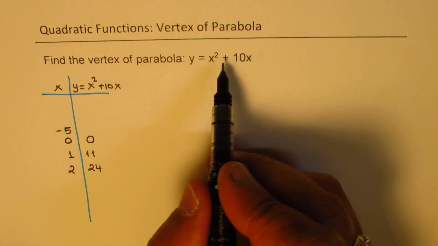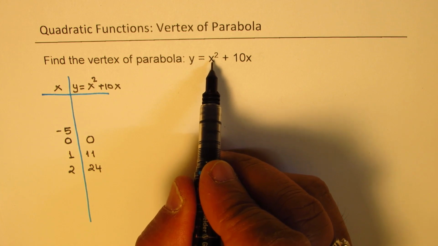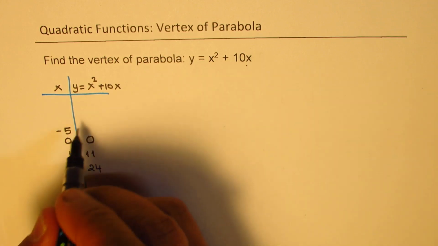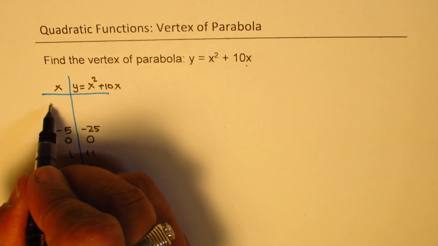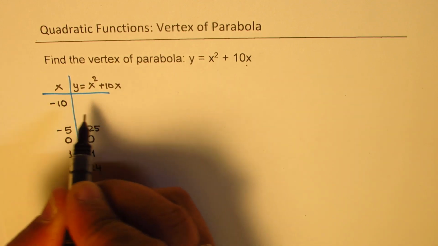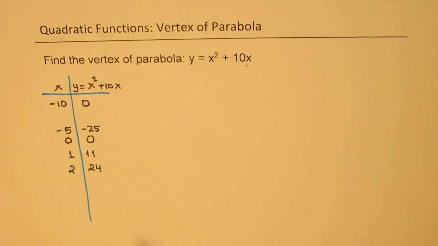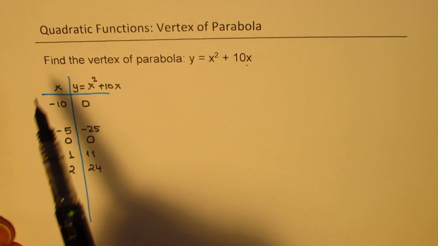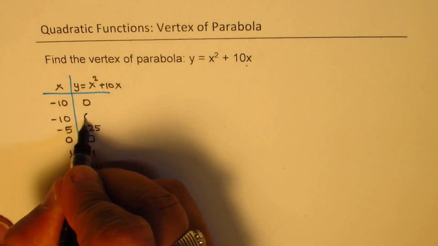If I substitute minus 5 here, we get 25, which is 5 squared positive, and minus 50, so we get minus 25, right? And if I substitute minus 10, I do get a value which is 0, right? We can substitute other values also. Minus 10 will give us 0.